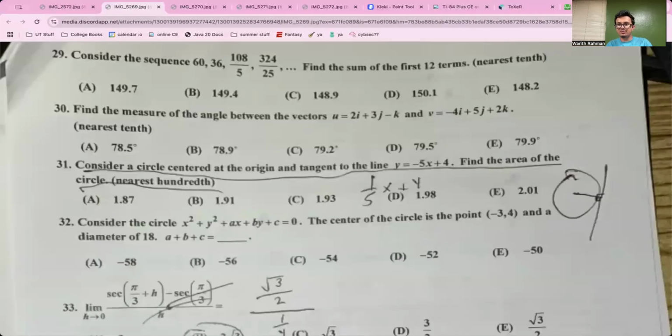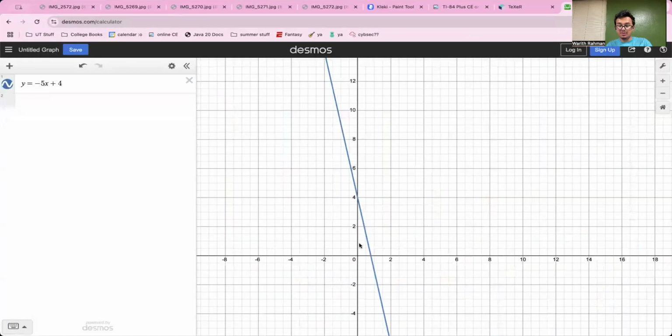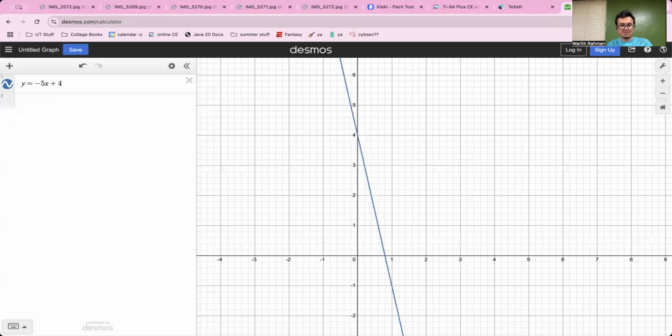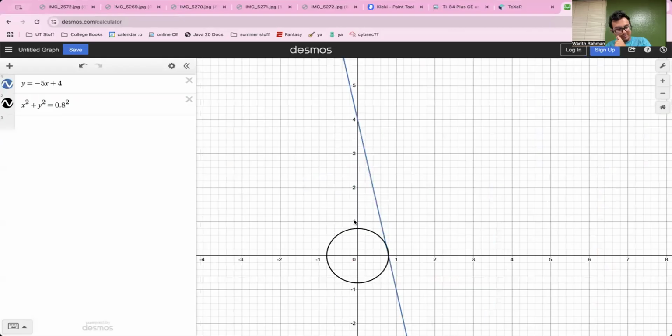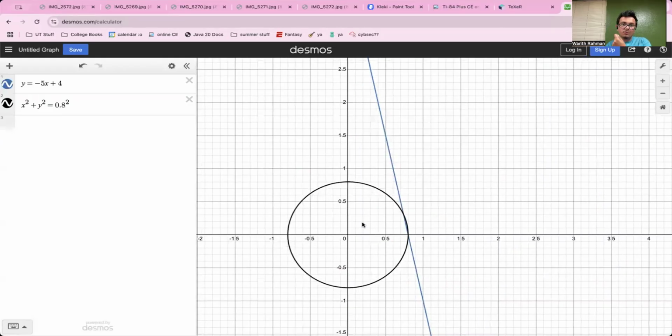This line isn't even drawn right. Okay, so we have this and we have some circle. I'll just say like 1 squared, just to get an idea, 0.8 squared. So something like that. What would be the idea? Oh, I got it. See, sometimes you need these diagrams and it really helps you figure it out.